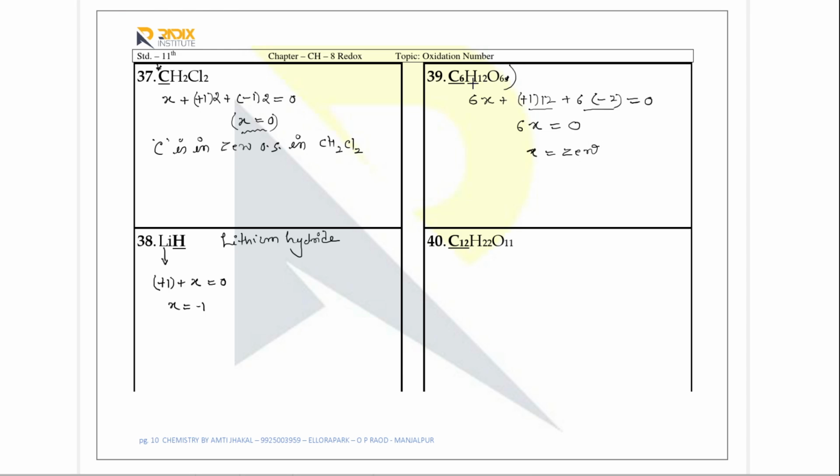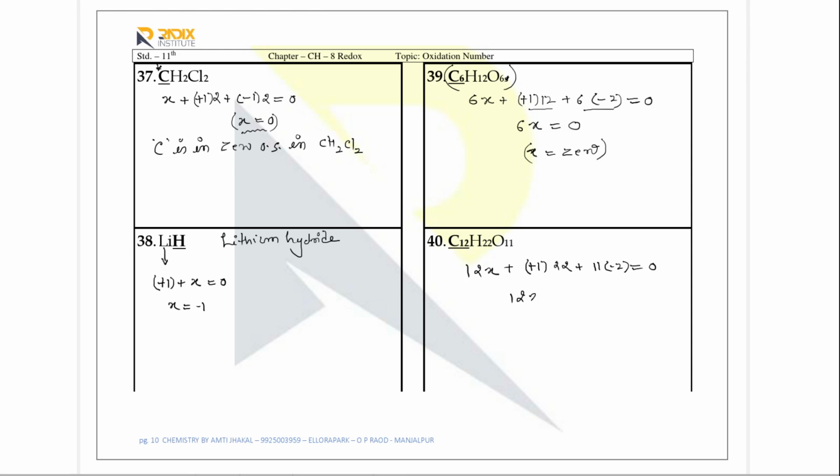That means if I break all the bonds of C6H12O6, then there won't be any effective loss of electron of the carbon, right? Now, carbon 12x plus hydrogen oxidation number with non-metal is +1, and there are 22 hydrogen present, plus 11 oxygen, and sum of oxidation number is equal to charge.